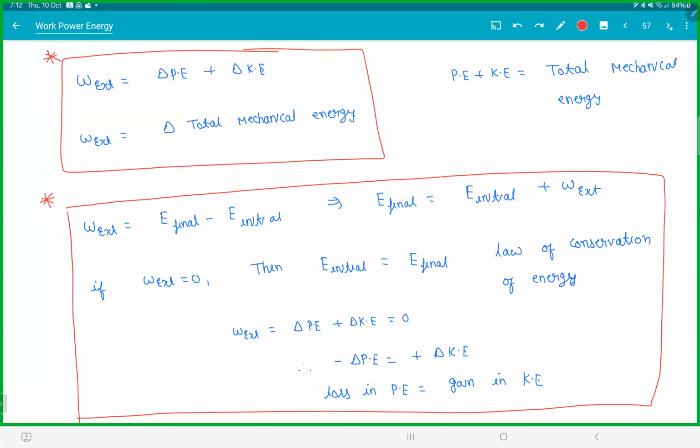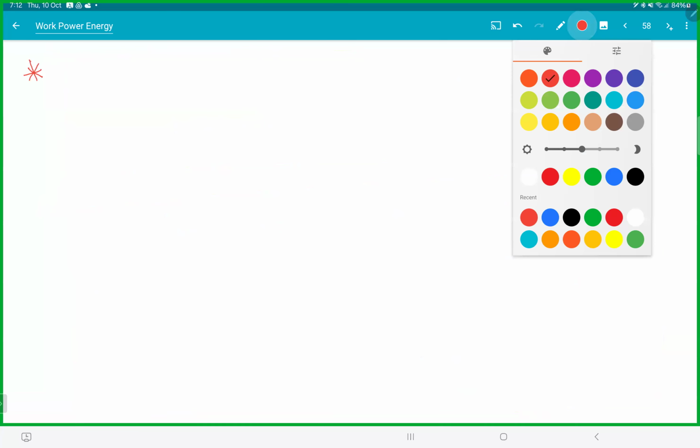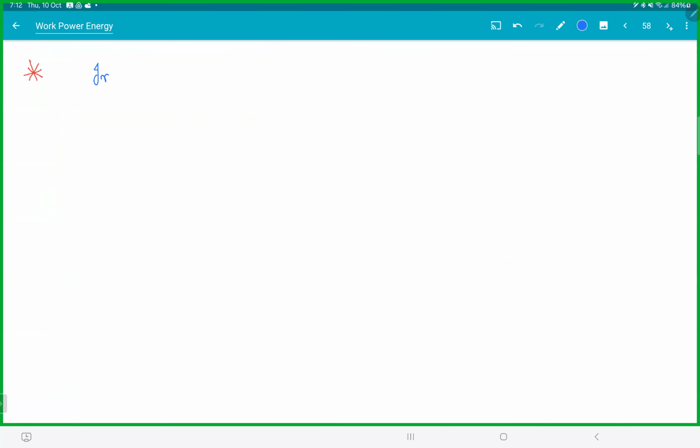Sharman, Surya. This is an important one. What if you're standing in a non-inertial frame? If you're standing in a non-inertial frame, then the formula becomes work done by external plus work done by pseudo force.